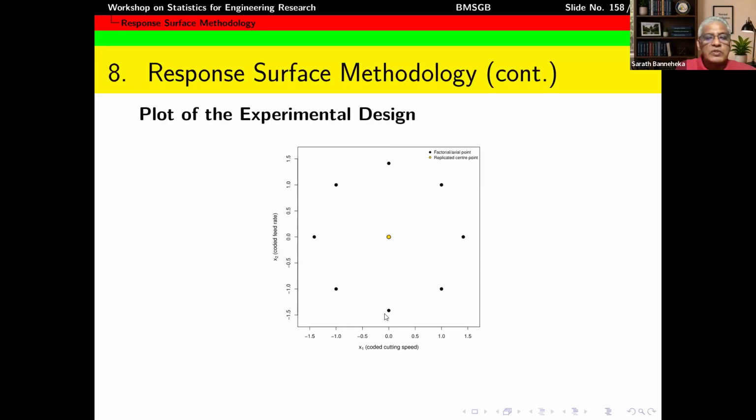X1 is equal to 0, X2 is equal to negative 1.5, right? X1 is equal to 0, X2 is equal to positive 1.5, and so on, right? So for each of these conditions, we have one experiment, and here at the level 0, 0, at that condition, we have 5 observations.